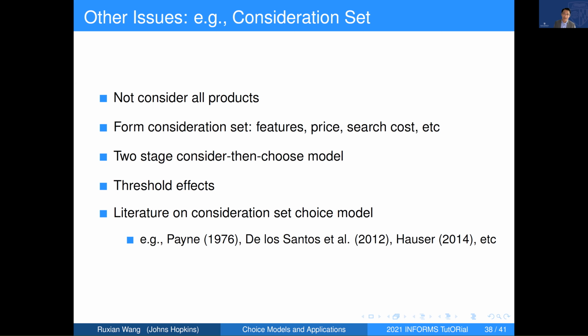They only consider products in this price range. You can see they have different ways to form a consideration set, and the choice behavior can be quite different for different consumers. There is lots of literature on consideration set choice models.